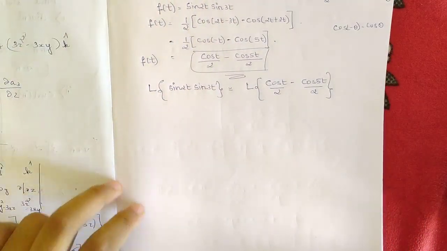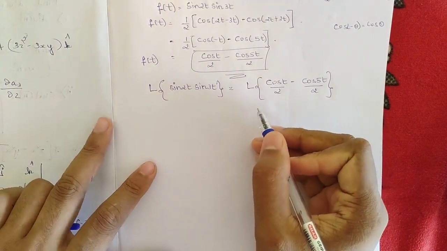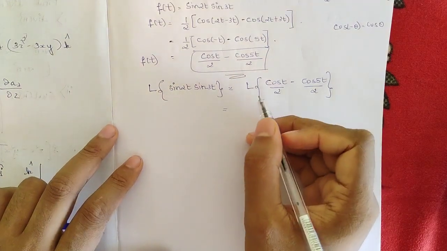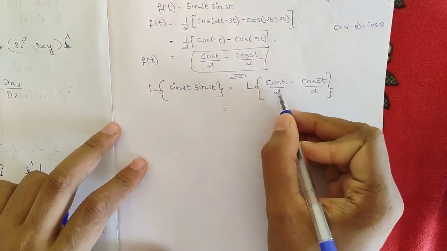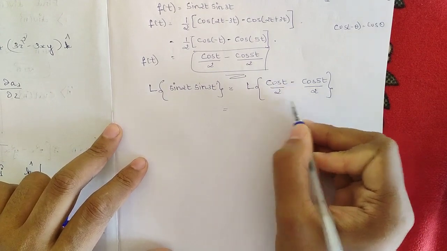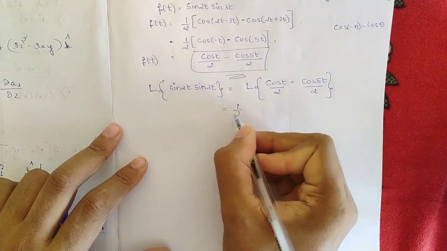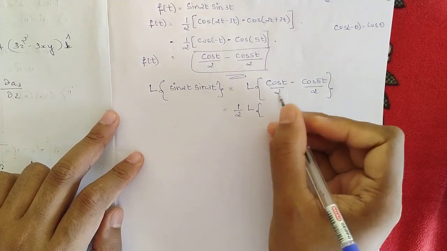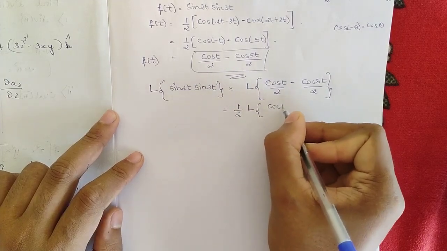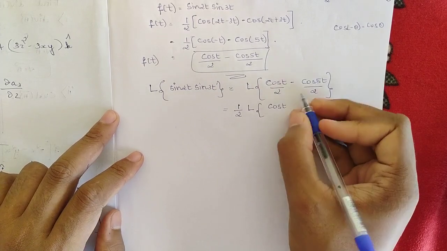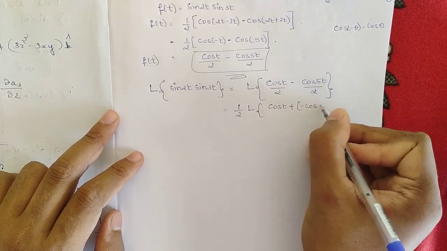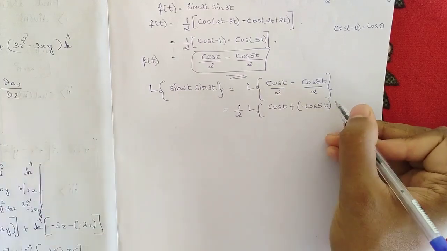Now let us see what we will be getting. First step, according to the linearity property, we could be taking 1 by 2 common since it is a constant. Take it outside and we are left with the Laplace transform of cos t plus minus cos 5t. I am just applying the linearity property here.